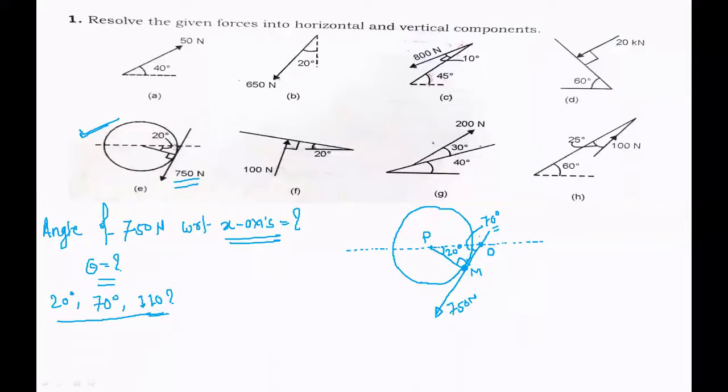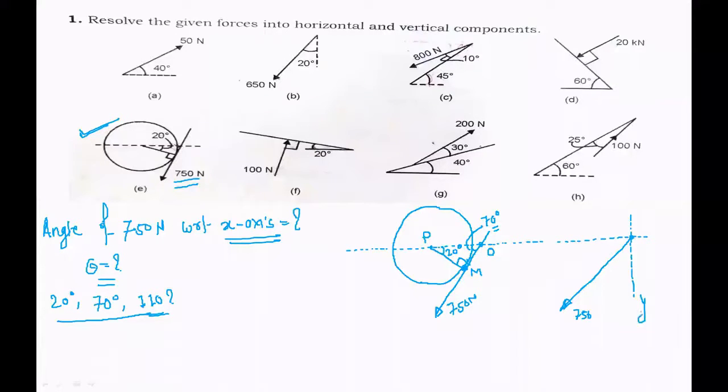Now we have to resolve the force. So we will draw the x-axis here, then draw the given force, that is 750. No need to draw this circle again. Just consider the point where this force meets the x-axis. From this, construct the y-axis.